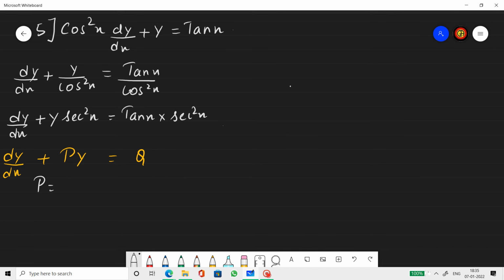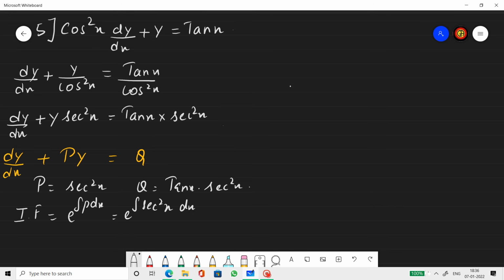Here p is sec square x and q is tan x into sec square x. Now find the integrating factor. Integrating factor is e power integration of p dx, which is e power integration of sec square x dx. Integration of sec square x is tan x, because differentiation of tan x is sec square x. So e power tan x is our integrating factor.